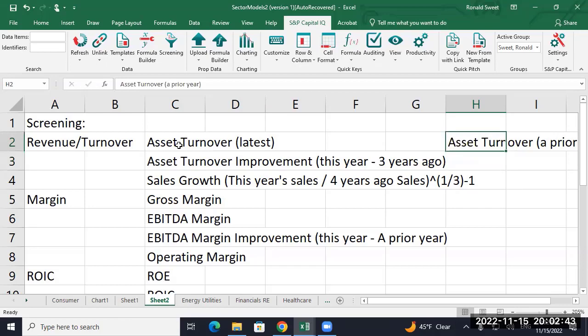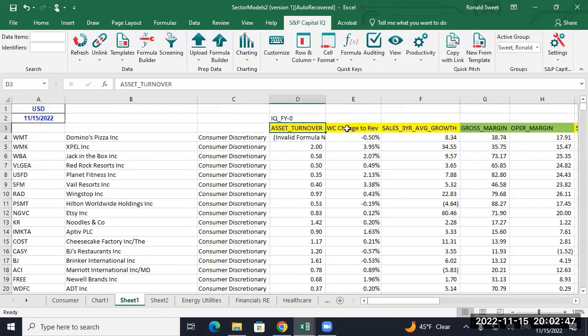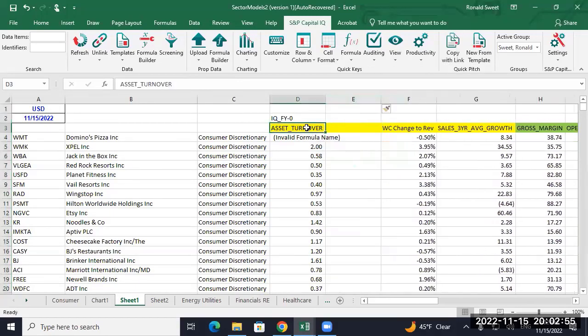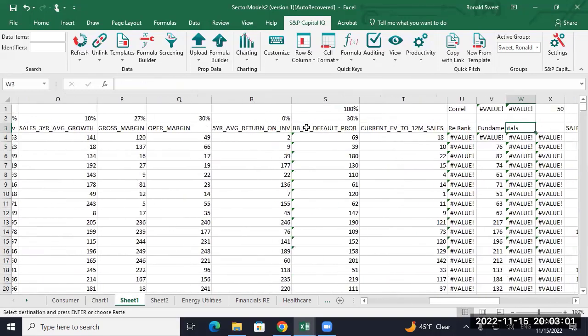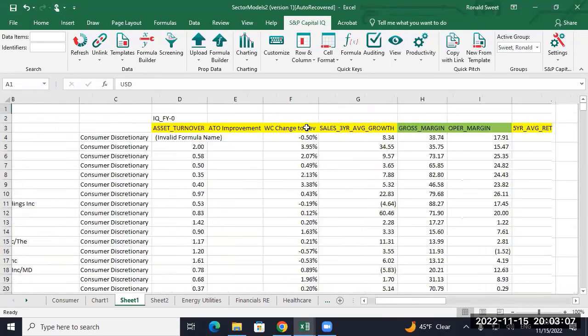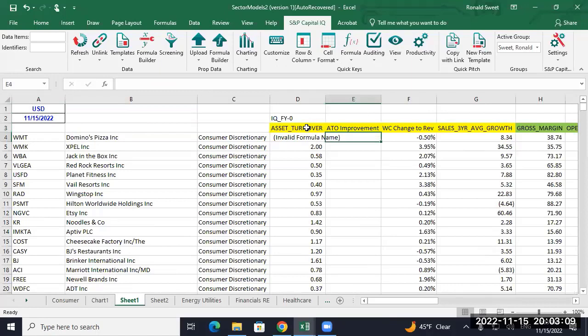So you want to make sure your model, and if you look at our model, everything you're going to grade needs to be all together. So if I'm going to do the change in asset turnover, then way over here on the side somewhere, I'm going to have asset turnover 2019. And then here I'm going to do the change.